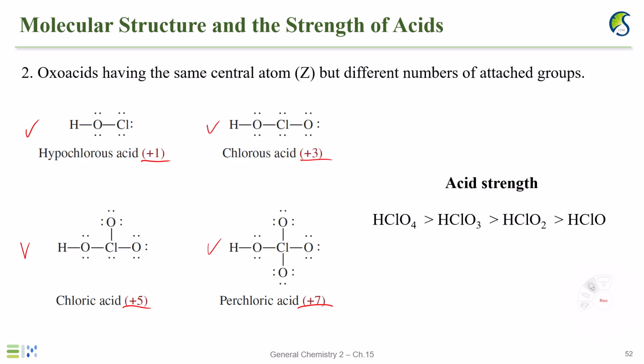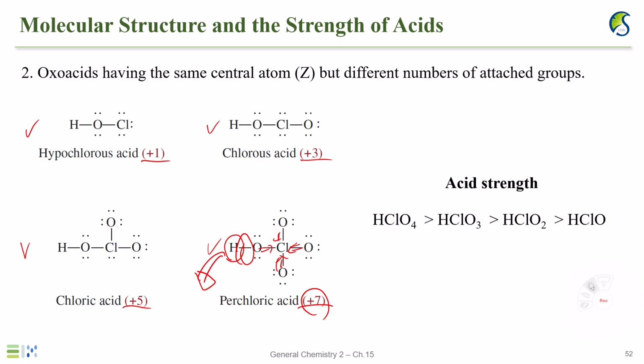If you have a very high oxidation state for Cl, that means the electrons are more attracted toward the Cl, so the electron density between H and O will decrease, which means that H is very easy to be detached.